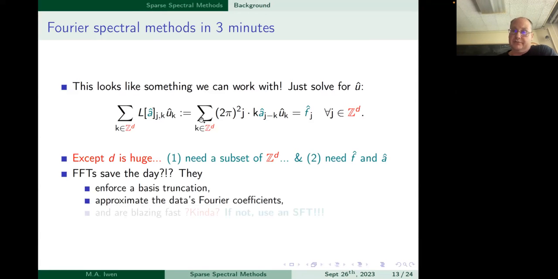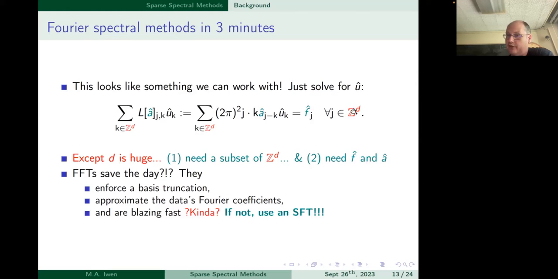And your FFTs then, based on this truncation, are going to allow you to approximate the true Fourier coefficients of f and a. So you'll get hopefully accurate approximations of the parameters that make up your linear system that you need to solve. And you'll get them relatively fast, except maybe not that fast if D is quite large.